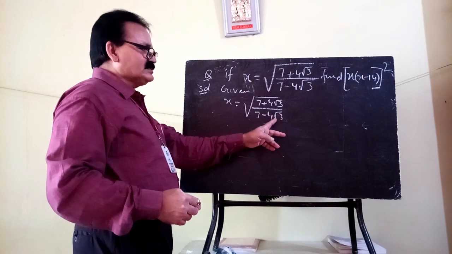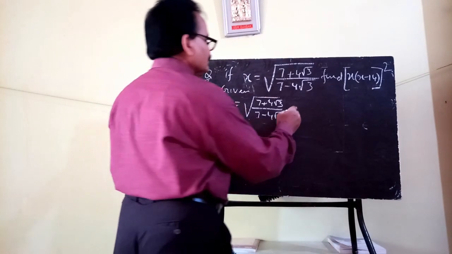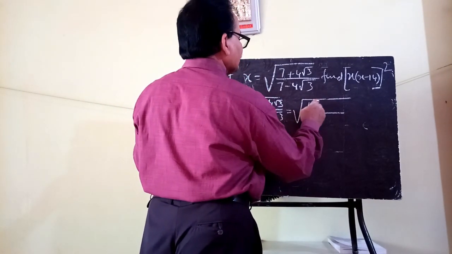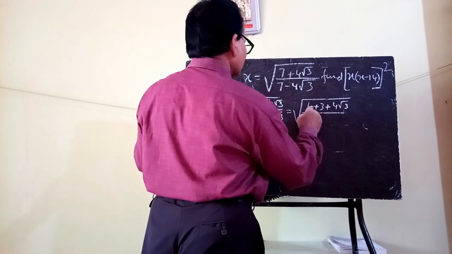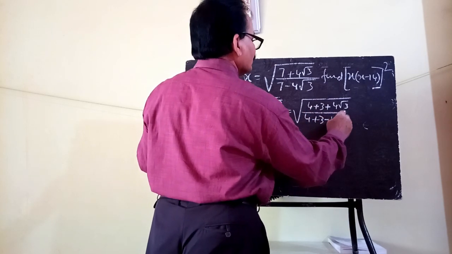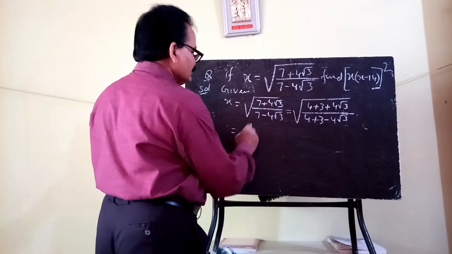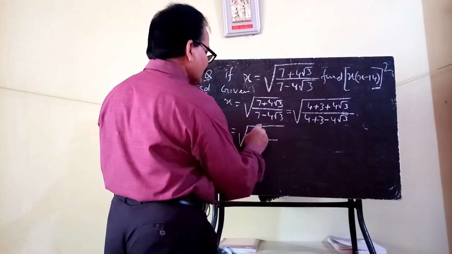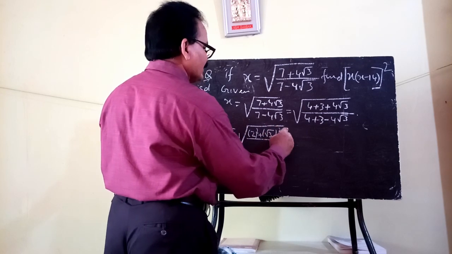Again you see root 3 is there, so this 7 should be split up. After splitting, this 7 can be written as 4 plus 3, then plus 4 root 3, and again 4 plus 3 minus 4 root 3. As you know, I just solved a similar question. Instead of 4 you can write 2 square, instead of 3 you can write root 3 square.